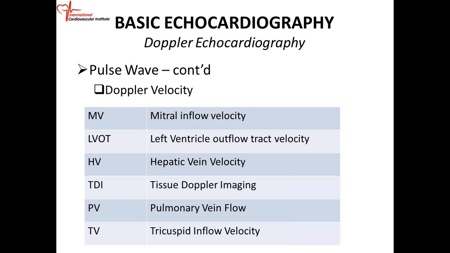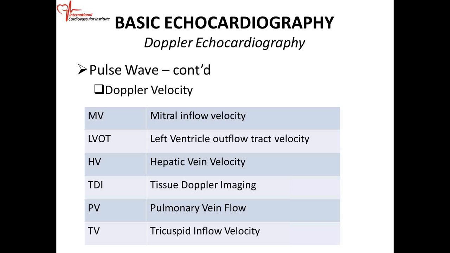The left ventricular outflow tract, we use Doppler to assess the flow of blood going across it. Very important. That's low flow as well, so we use pulse wave Doppler. It's usually less than 2 meters per second.